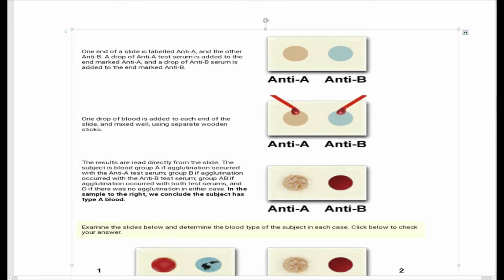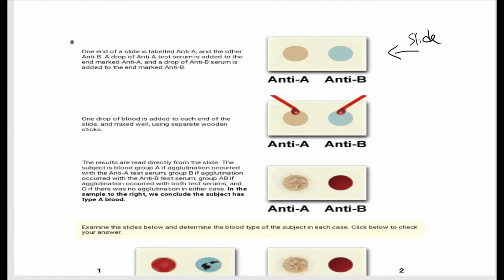There's a slide. We have antigen A and antigen B. One end of the slide is labeled antigen A and the other antigen B. There are serums here that contain antigens. What will happen is a blood sample is dropped on both antigen A and antigen B.